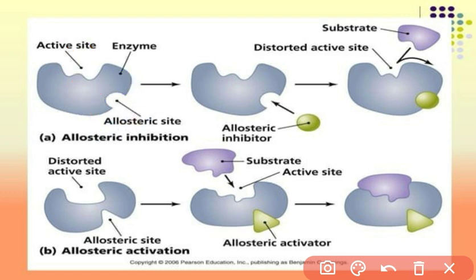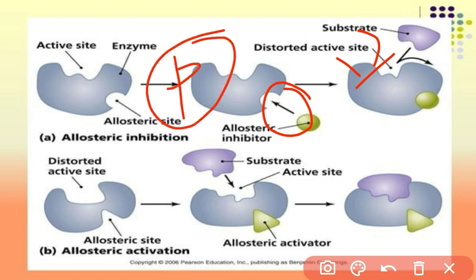When the inhibitor molecule binds with the allosteric site, it modifies the active site in such a way that there is no further binding of a substrate. So no ES is formed and no product is formed, and this inhibition is known as negative allosteric inhibition.